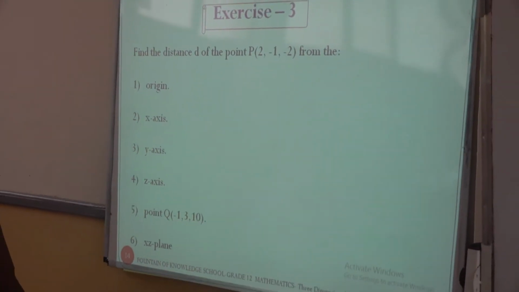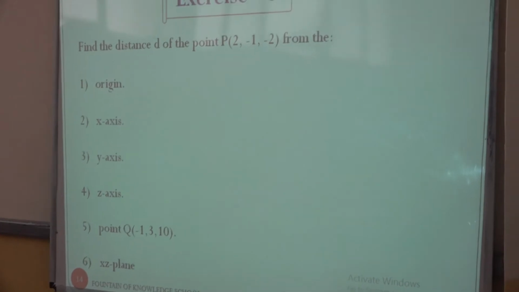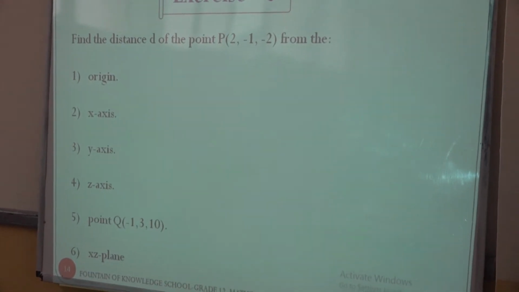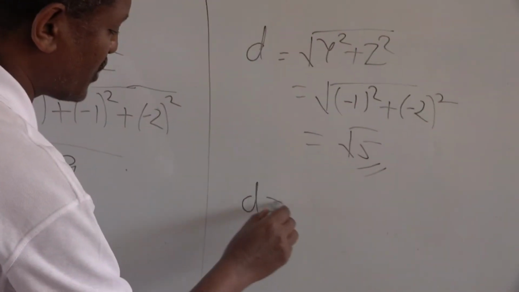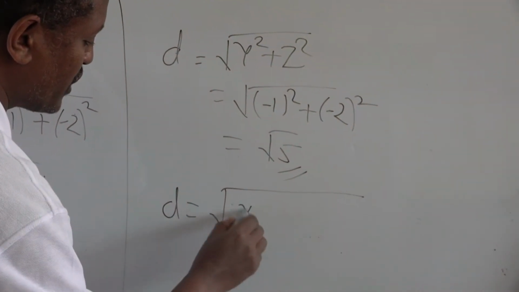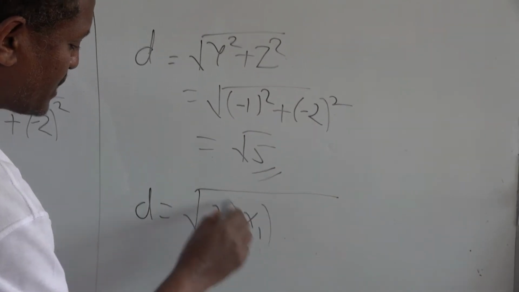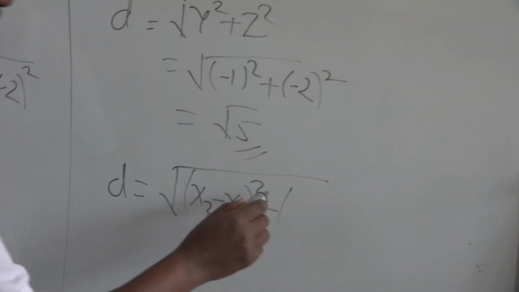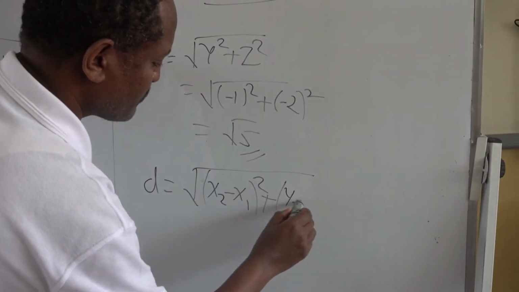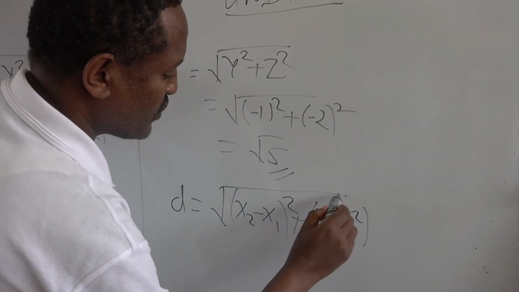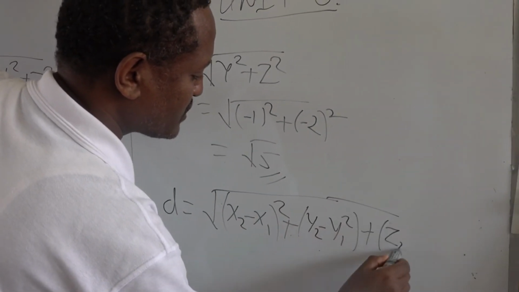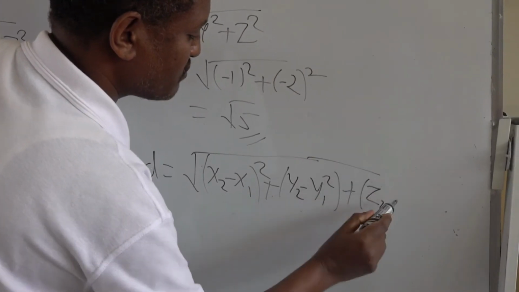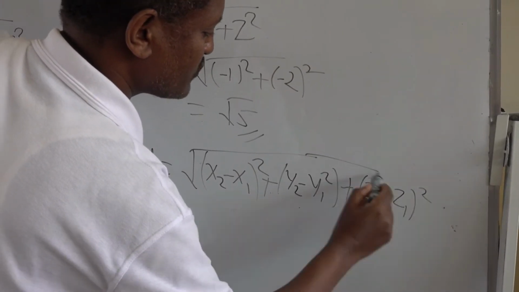From this point P to this point Q, we have -1, 3, 10. The distance between 2 points is given by the formula the square root of x2 minus x1 the whole square plus y2 minus y1 the whole square plus z2 minus z1 the whole square.